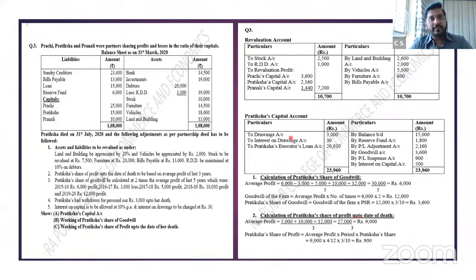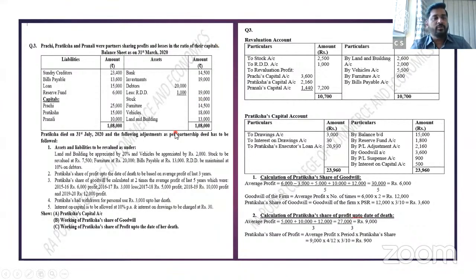If any balance sheet is to be prepared, then you will have to make adjustment of IOC, IOD with the profit and loss suspense account. This is a different thing. So that needs to be understood: if you have any IOC, IOD, that will be adjusted through the profit and loss suspense account, and then only you can prepare the balance sheet. But I tell you, the chances of this chapter's balance sheet being asked in the final examination are really very less. I won't say that it is not there.